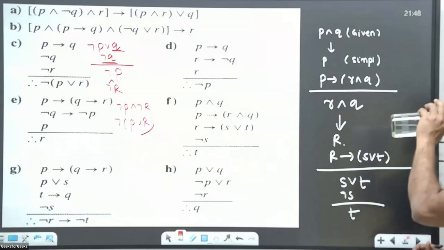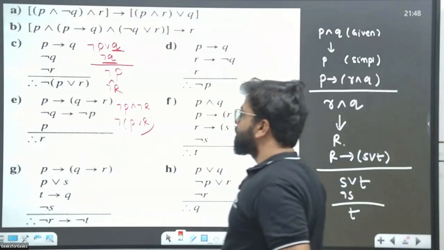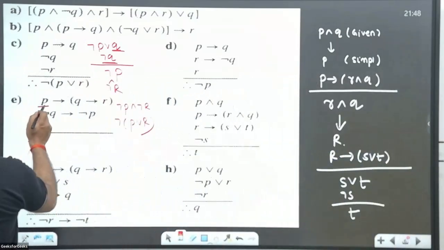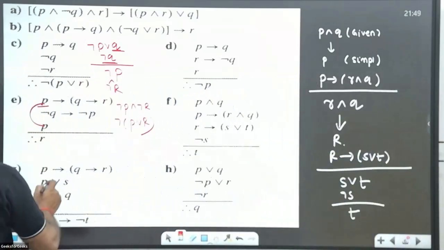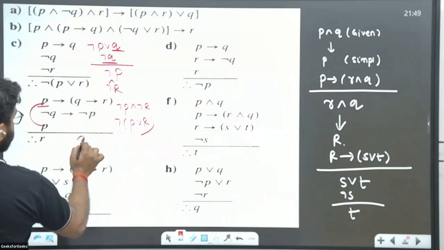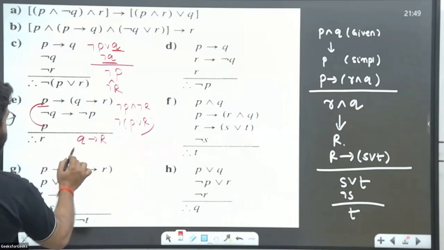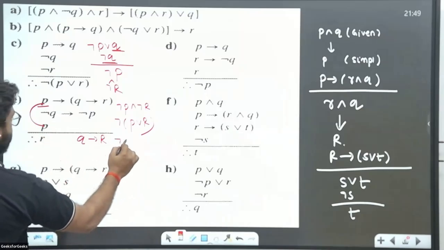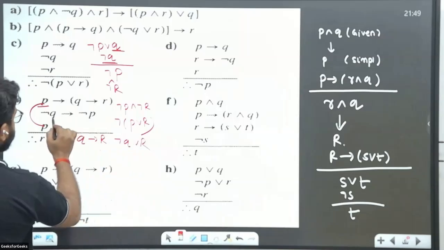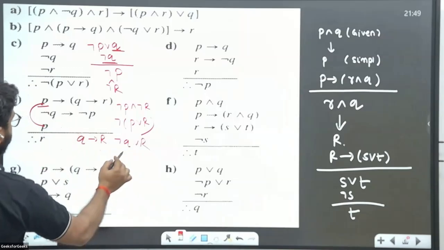E. Take P and P. What will you get? Q implies R will be free. Use De Morgan's rule here. You will get negation of Q or R. Here also use De Morgan's rule. What will you get?